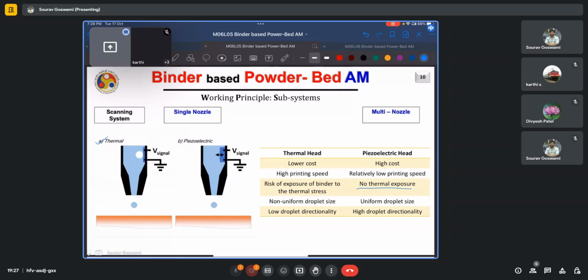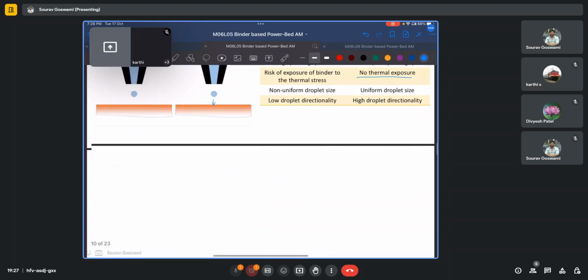And in the thermal head, even the directionality of the droplet is not consistent, whereas in the piezoelectric head, the droplet will mostly fall right where it is intended. So in this case, we want the drop to fall normally or perpendicularly right where the nozzle is situated. So for the piezoelectric head, this accuracy is maintained, whereas for thermal heads, it might not be the case.